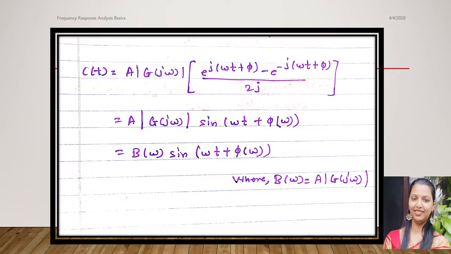Then only consider the steady state response, and the steady state response is given by C_ss equal to K upon s plus j omega plus K star upon s minus j omega.